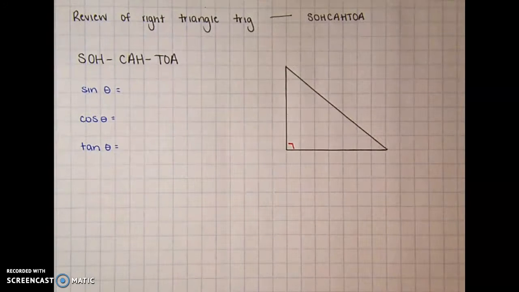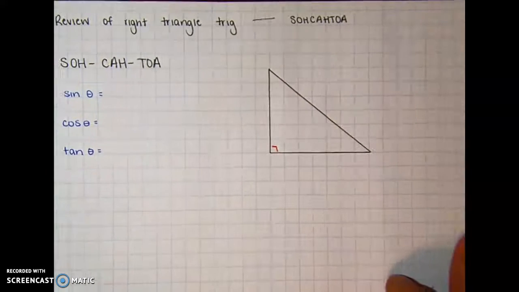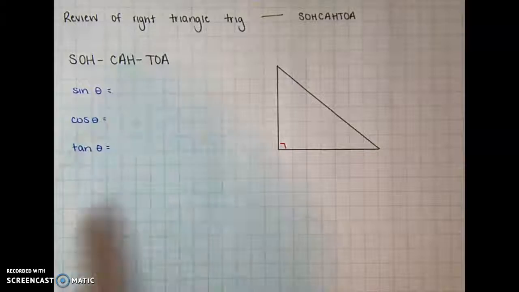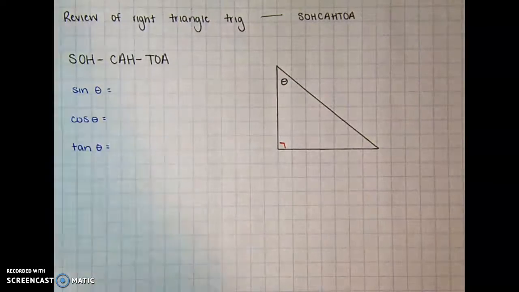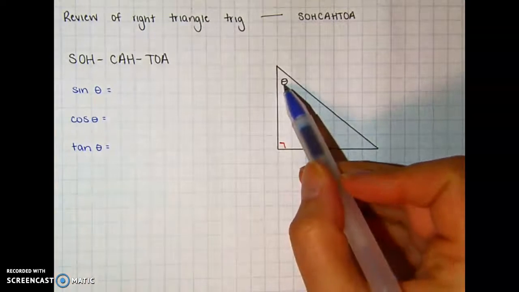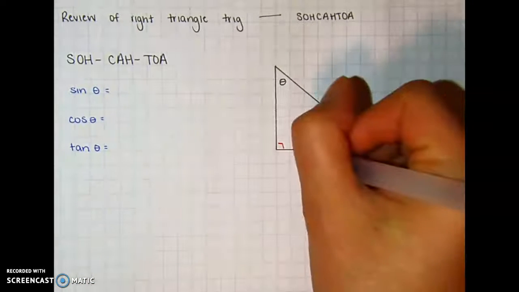And then you need an angle to focus on, so it could be this angle or this angle, and depending on which one is your focus, you'll have an opposite side. So if this is our focus angle, then this will be the opposite side.